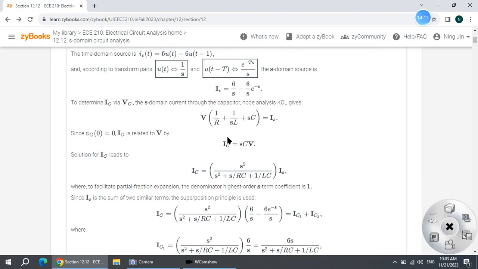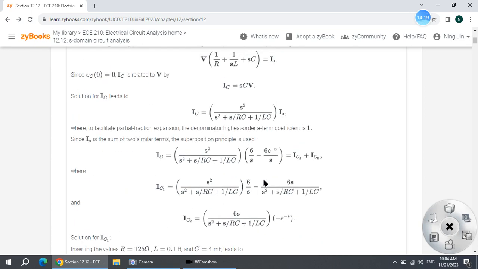What is IS? V equals this one, so you have V is S squared over these. They want the coefficient before S squared to be 1. Alright, we keep this in mind and we will follow this when we work on it.